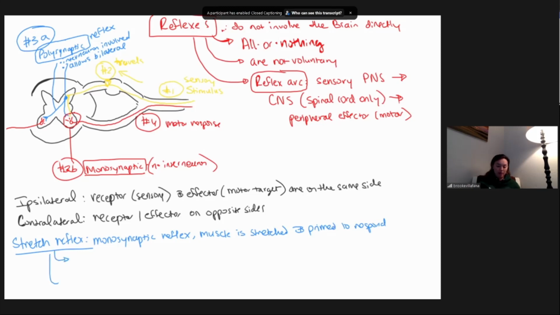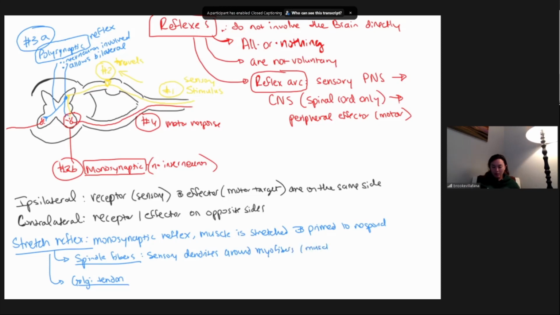And this depends upon two factors: the spindle fibers and the Golgi tendon. Spindle fibers are sensory dendrites around the myofibers or muscle cell, and this is part of your stretch reflex.